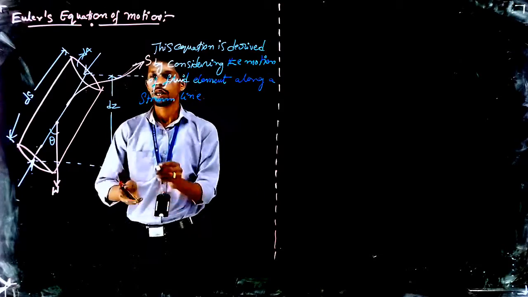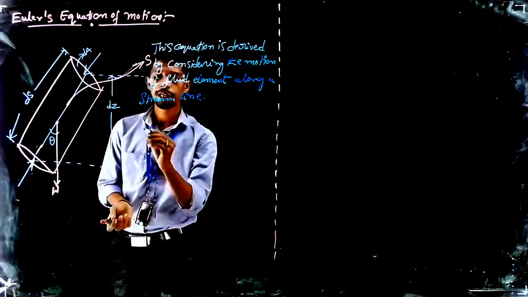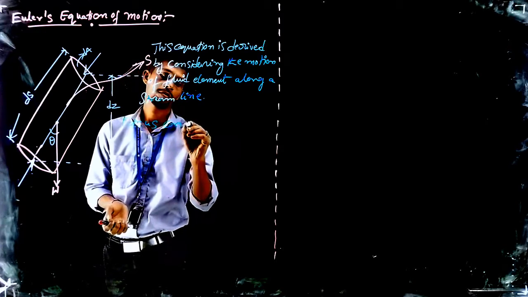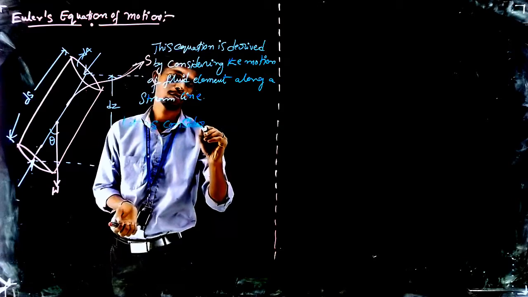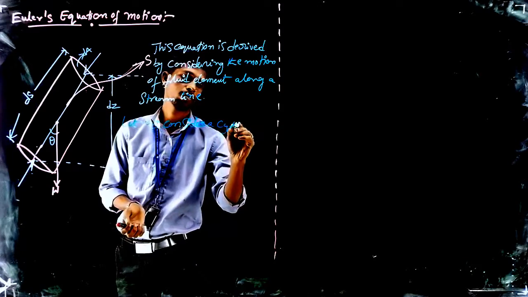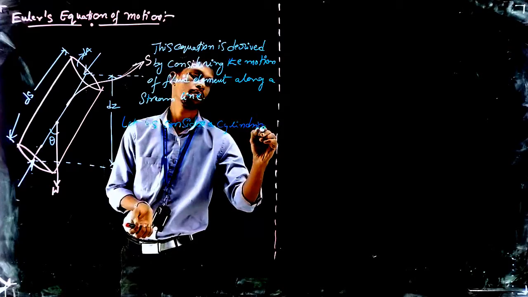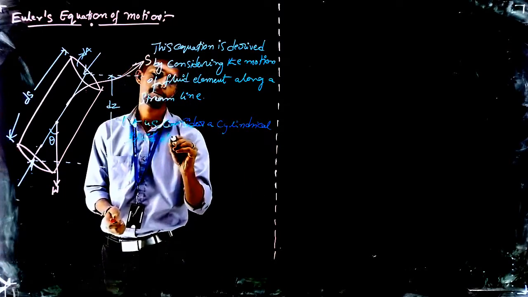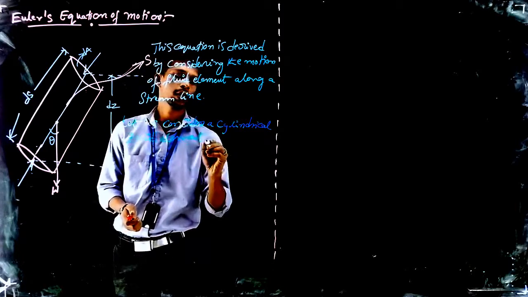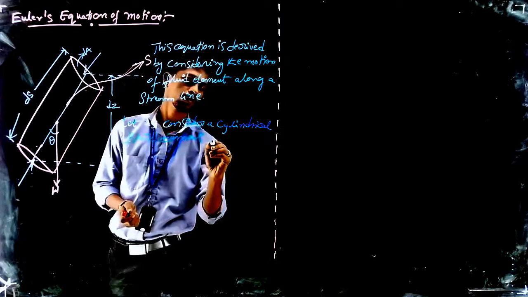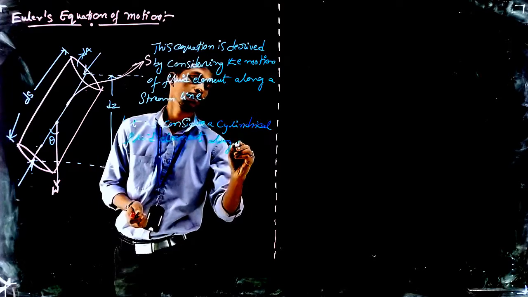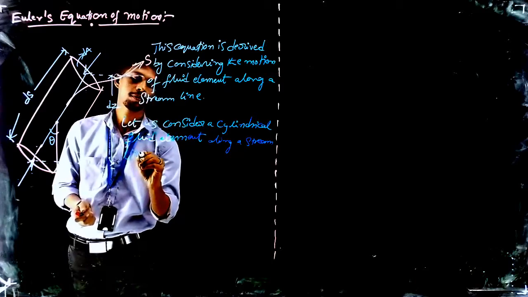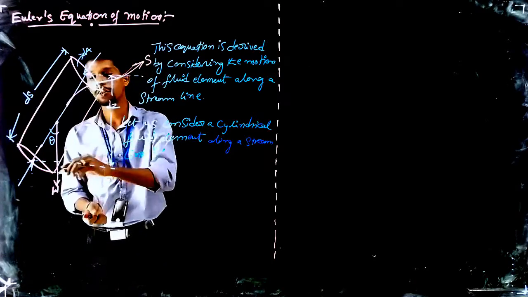So let us consider a cylindrical fluid element along a streamline S, okay, as shown in the figure.